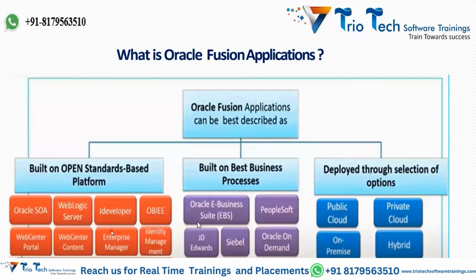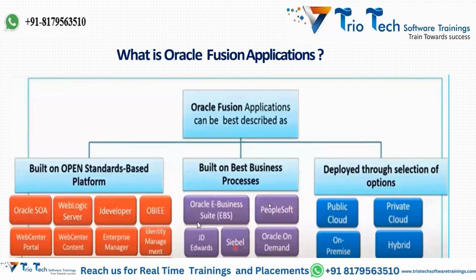This is just for information purposes. If anyone is from a technical background, middleware background or database background, you should know about all these components. Rest of the people, please ignore. I'm just talking about the backend schema: the Fusion applications were built on all these technologies.